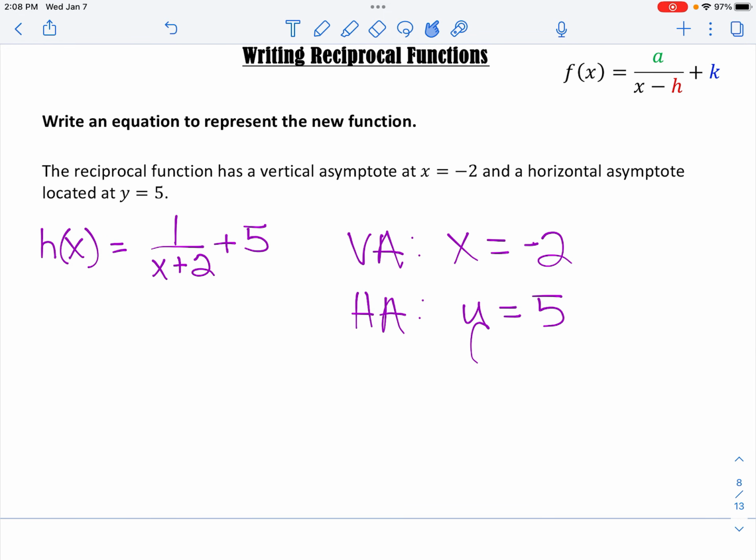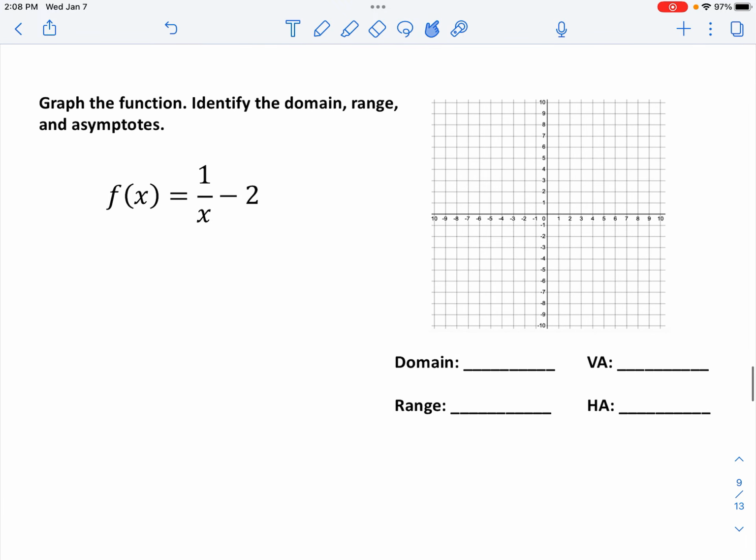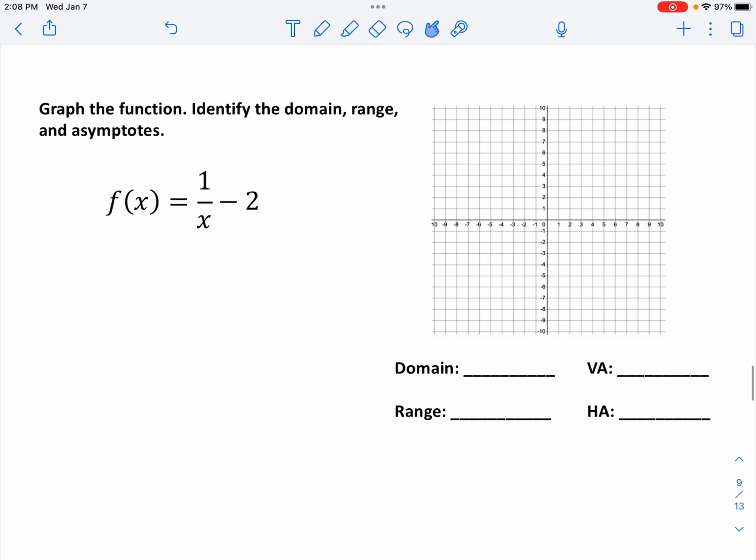Now what we're going to try is to do a little bit of the graphing. And this will be weird at first. We'll get better at it. It says graph the function, identify the domain, range, and asymptotes. I think it's oftentimes easier to do that first. So I like to just do the vertical and horizontal asymptotes first and then kind of go from there.